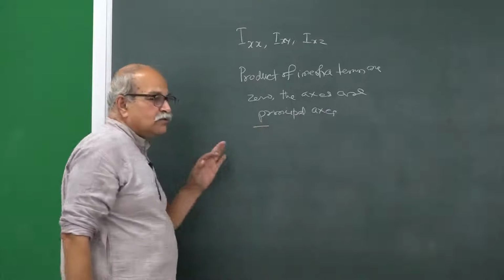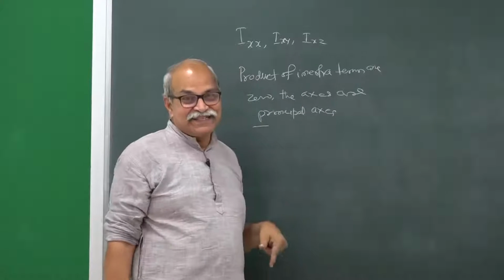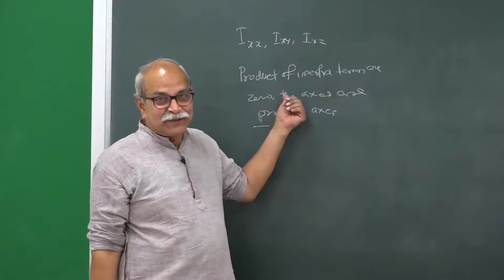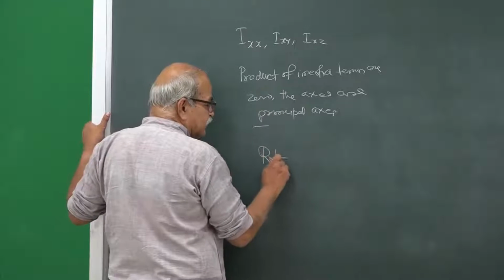And we had two simple ways to identify if a particular line is a principal axis or not, and one was rotational symmetry axis.